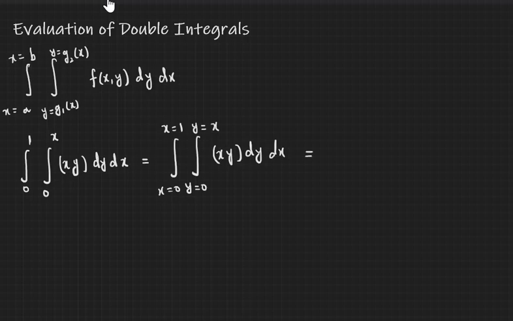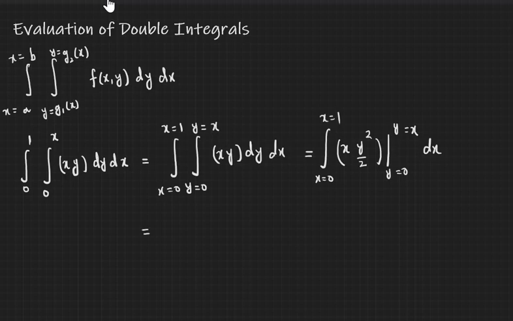The integration of xy with respect to y would be x y square over 2, taking the limits of integration y is equal to 0 to y is equal to x, then with respect to x from x is equal to 0 to x is equal to 1.